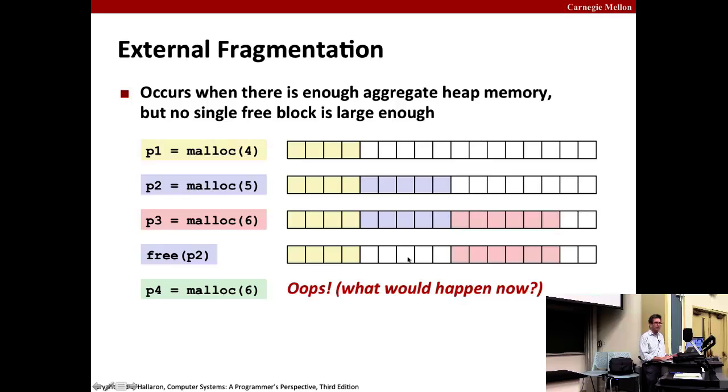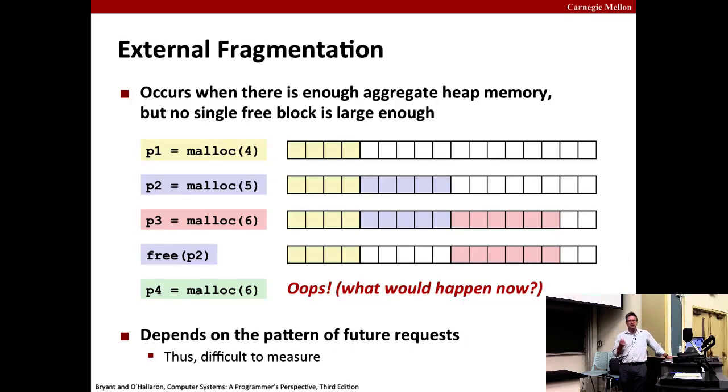It's just the way our blocks are configured in the heap, we can't satisfy the request. So the allocator has to go and get more virtual memory and extend the heap out this way to get a large enough free block.